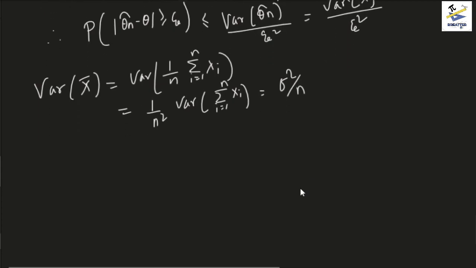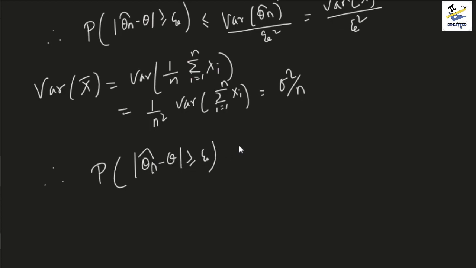Therefore the probability that absolute value of theta n cap minus theta is greater than or equal to epsilon is less than or equal to sigma squared by n epsilon squared.